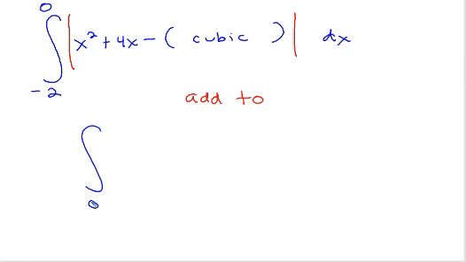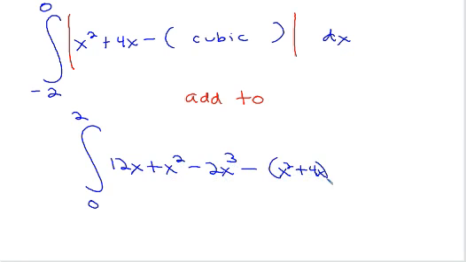The integral from 0 to 2 of, now we flip it. And this one we do not need to do absolute value because the whole thing is above the x-axis. All right?